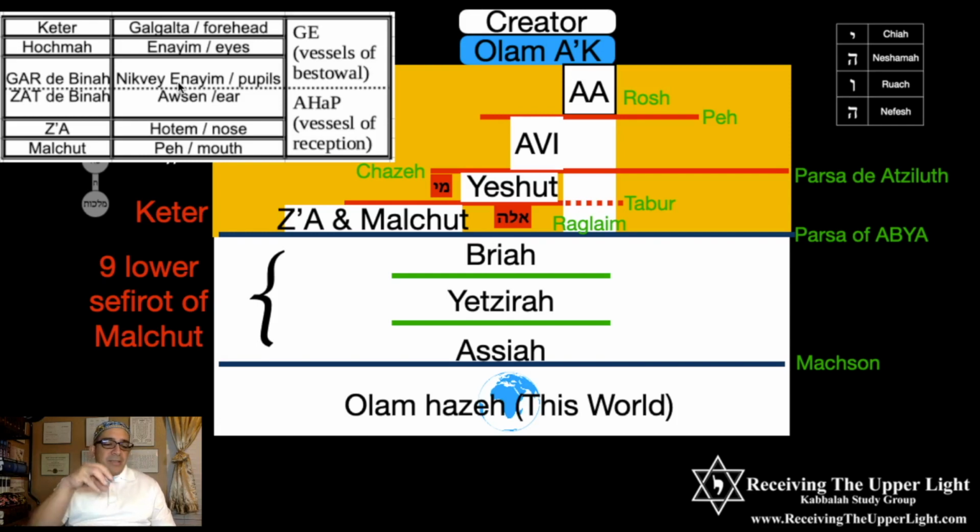And Ateret Yesod is called Miftacha, which is key in Hebrew. It's only through the property of this light called Miftacha that the partzufim located below can receive the light, where Nikvei Eynayim and Chazeh is, and it's because this key will open the lock.